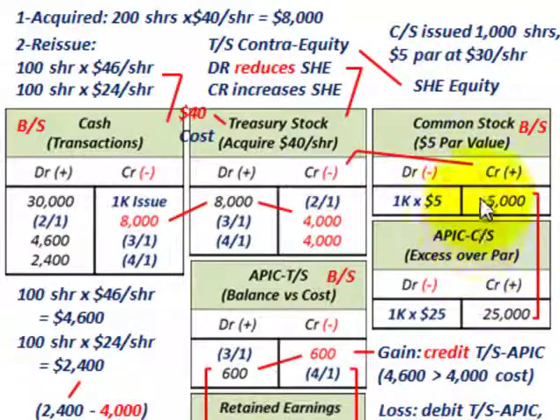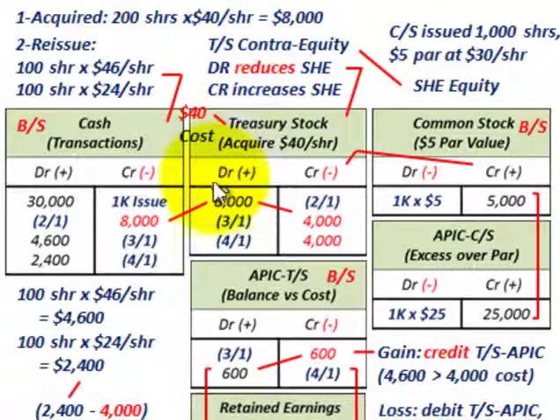All we're going to use is that we have common stock outstanding that can be repurchased as treasury stock. We're going to look at the debits and credits, and first off, trying to understand that treasury stock is a contra-equity account.